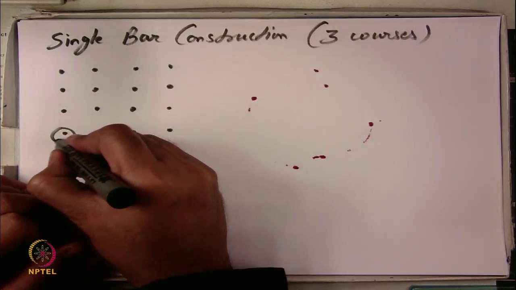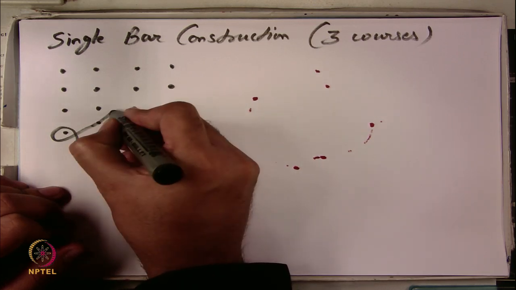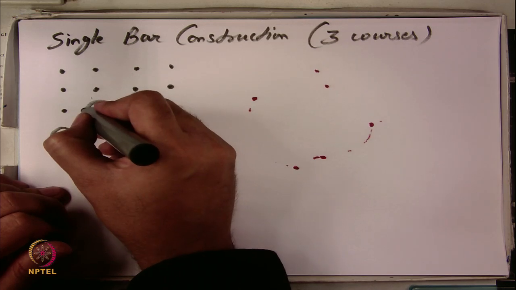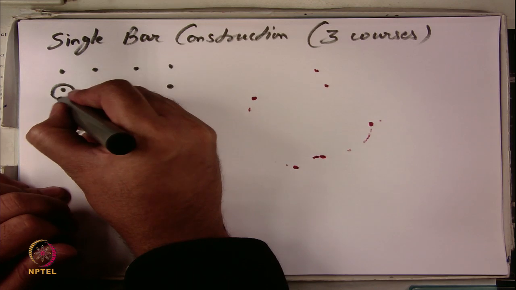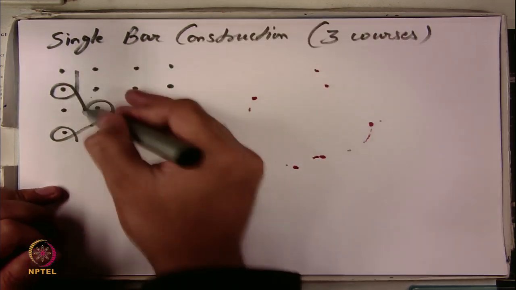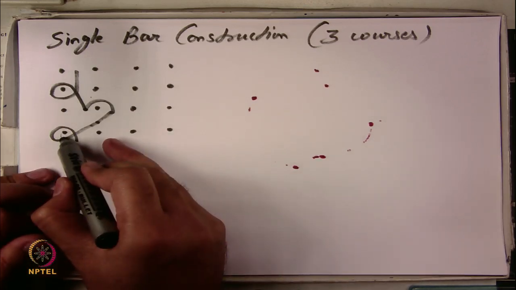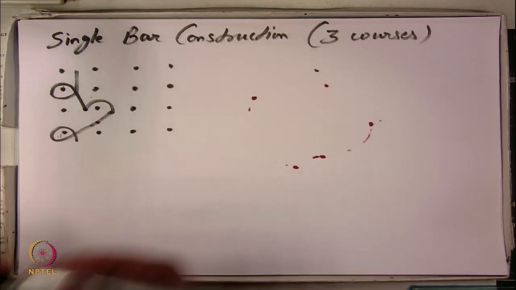So, 1 to 0, okay. So, let us suppose some design is like this. So, 2 closed loop, 1 open loop, this is just like an atlas construction.